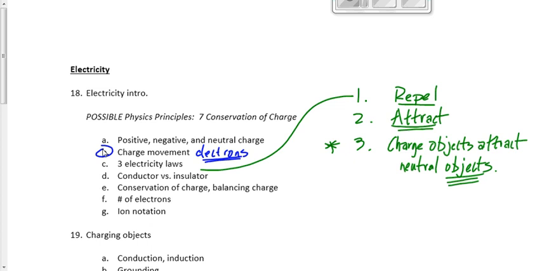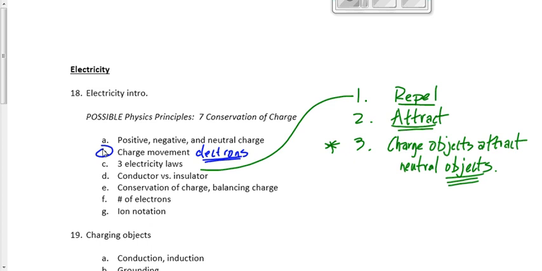Protons don't attract neutrons. Positive objects attract neutral objects. I'll tell you briefly why that's the case right now, and then in just a few minutes when we talk about topic 19, charging objects, you'll see in more detail why you have to have a neutral object as opposed to just a neutral charge like a neutron.